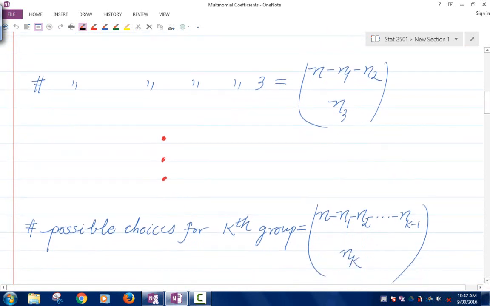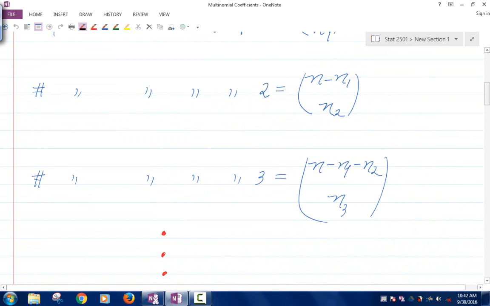You guys tell me, what is the number of possible choices for the last group k? For the kth group, how many choices will we have?